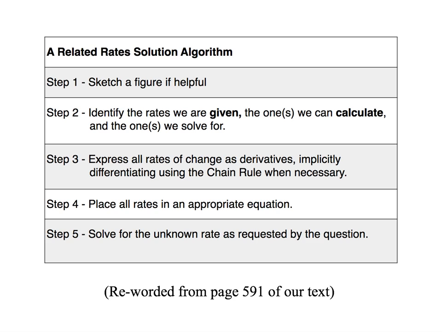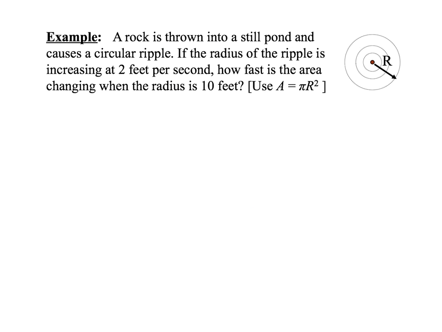Okay, now we probably remember that there was a pond that was still like glass, and we dropped or threw a rock into the pond, and as you can well imagine, there is a circular ripple that starts expanding.